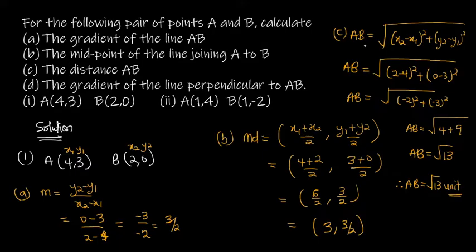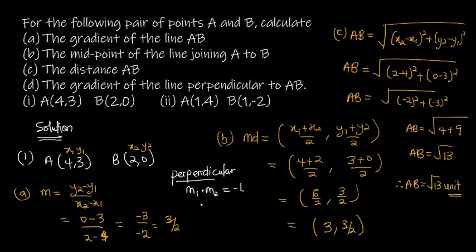All right. So now that we've done calculating the distance, let's look at the gradient of the line perpendicular to AB. So for perpendicular lines, if you multiply their gradients, let's say m1 multiplied by m2, that should give you -1. So it means if I multiply the first gradient I have, which is the gradient of AB, with the gradient that I want now, I should get -1.